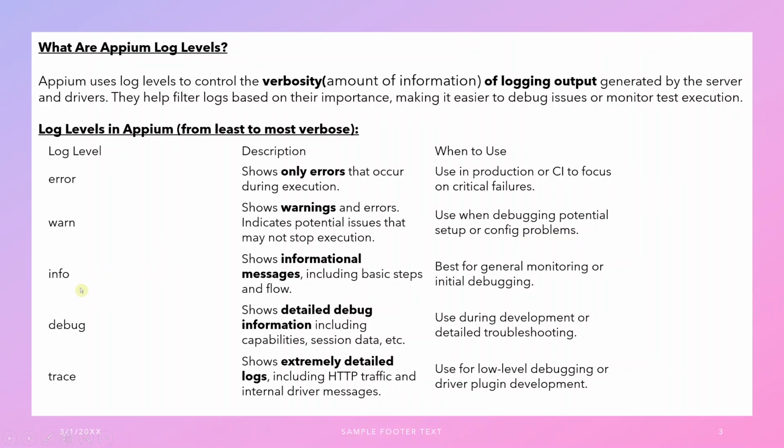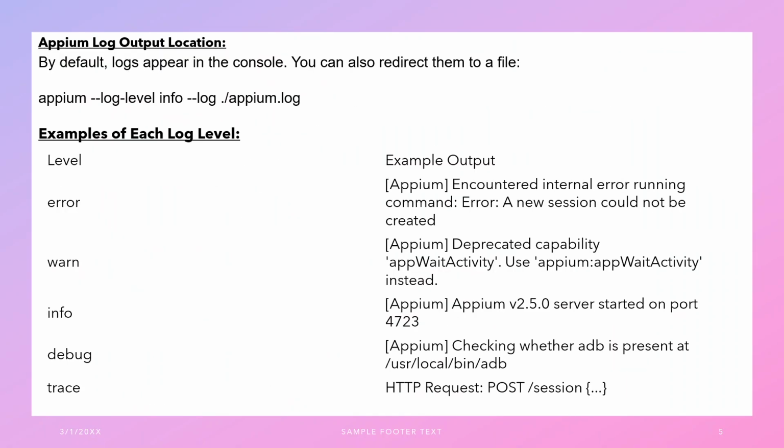Next is the info log level. It shows informational messages including the basic steps and flow. When I run the APM server with this log level, it will show each and every piece of information, even small information. An example is APM server started on port number.